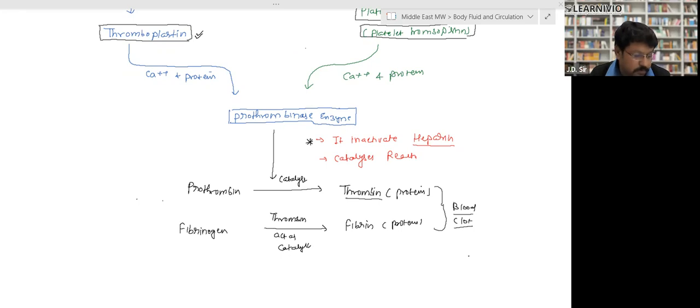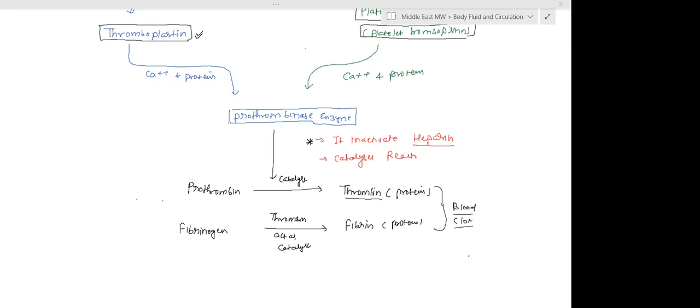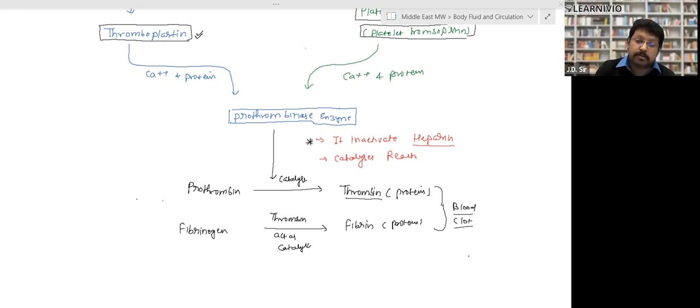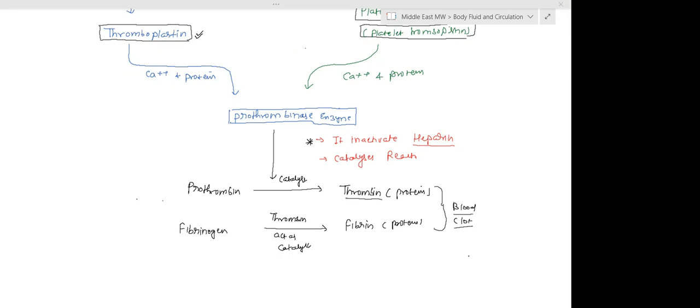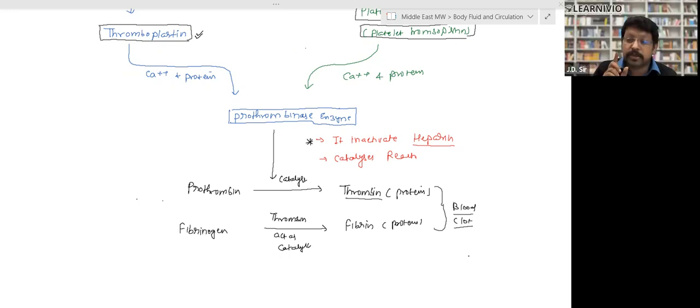So prothrombin and fibrinogen, they both are responsible for blood clotting, right? Thrombin and fibrin. Yes, you can say prothrombin and fibrinogen as well. Okay, sir. Because pro means inactive. Try to understand: if pro is written before any enzyme, it means inactive.